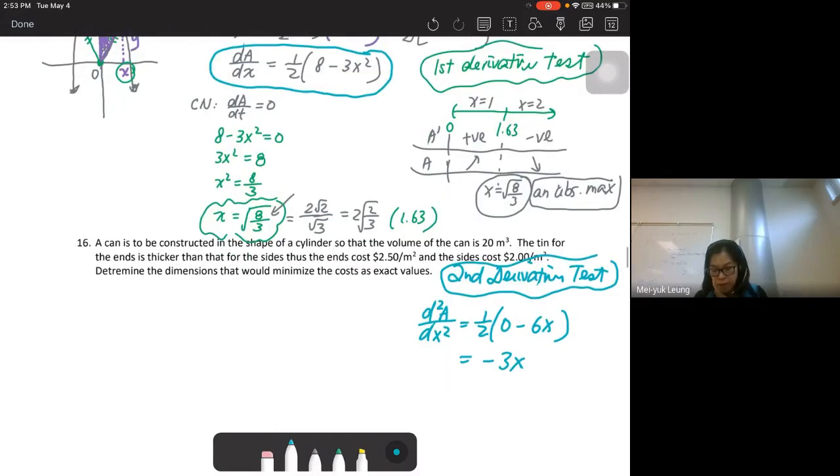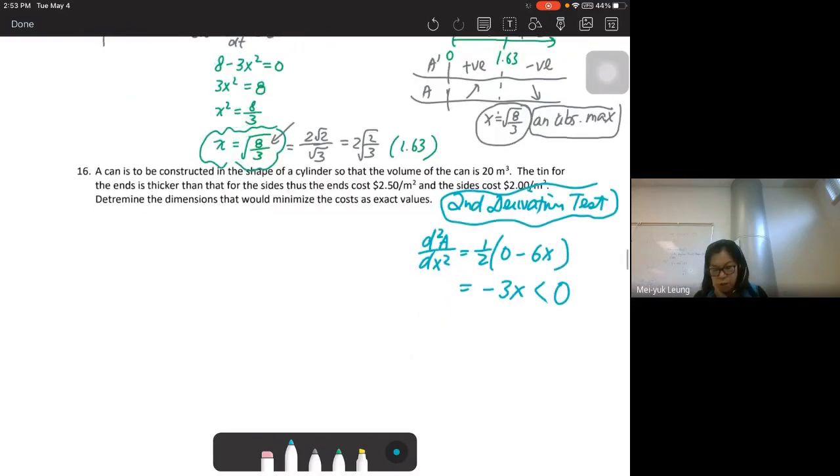So think about when I substitute the x value into this function, I know that no matter what, this second derivative is always less than 0. So what does it mean when the second derivative of this function is always less than 0 on its domain? That means the entire graph is going to be concave downward, right?